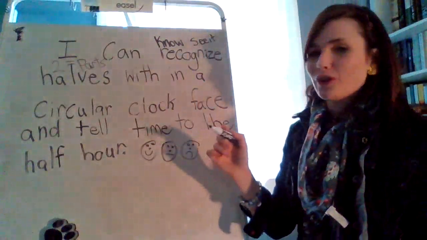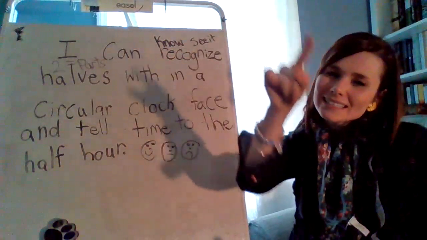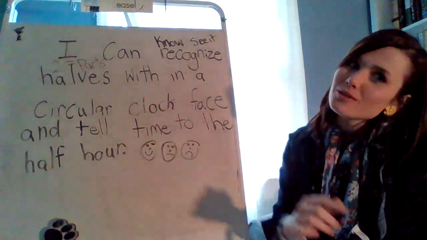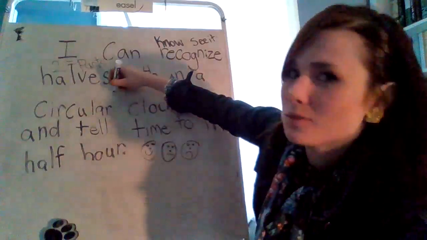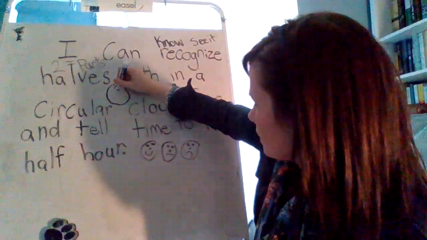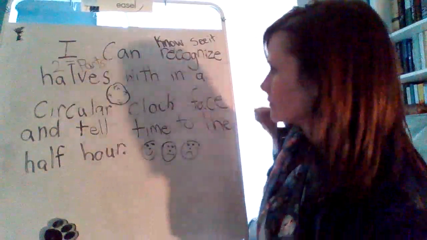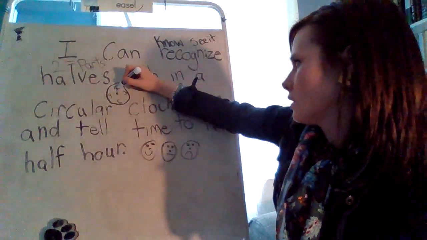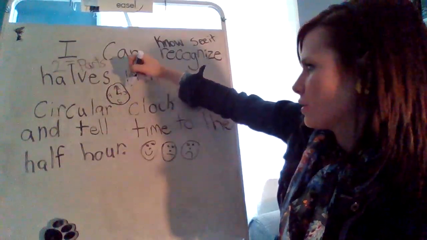Within a circular clock face, draw me a circle in the sky. Right, in a circular clock face, it goes 12, 1, 2, 3, 4, 5, 6, 7, 8, 9, 10, 11, 12. So it starts at 12. I'm just filling in a few numbers so you can get the gist. It goes all the way around, and you have your minute hand with this long hour hand, so that would be 3 o'clock.